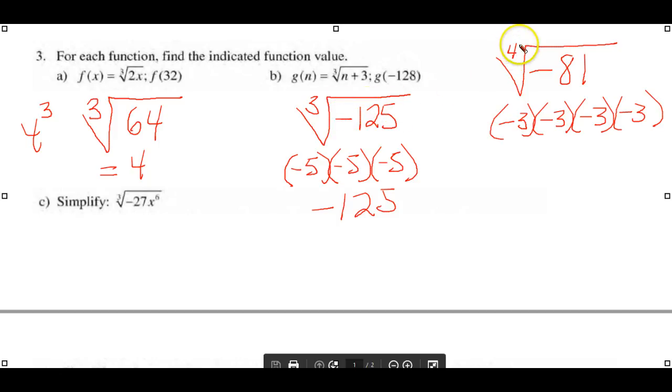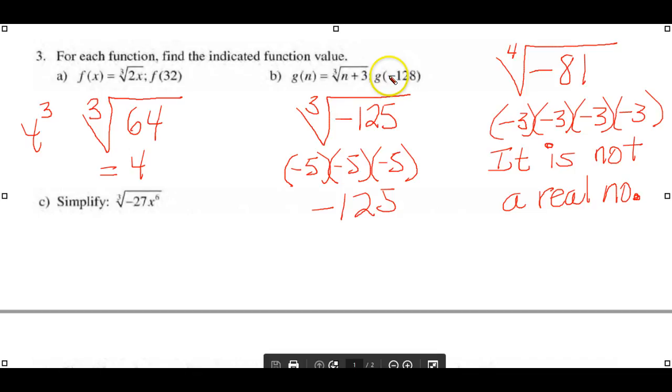If the index number is even, that is the square root of 2, square root of 4, square root of 6, and there is a negative number under the radical sign, the answer here is it is not a real number. The general rule, and again, take some notes of this. So this one is legal, and the answer then is a -5.